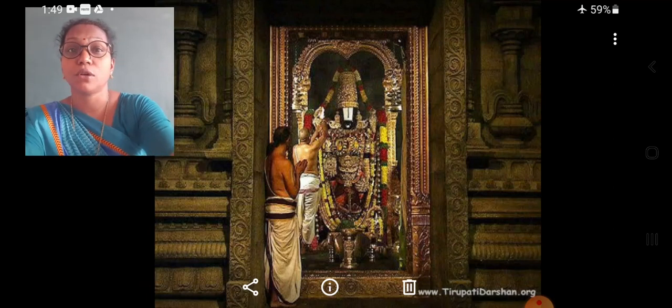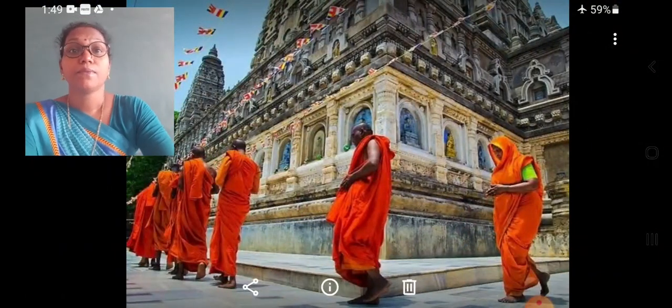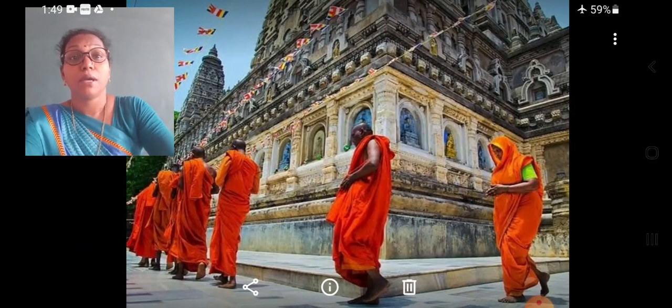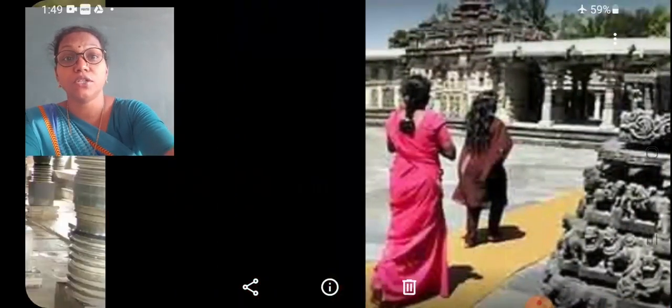This is the picture of a Garbhagriha. Outside the Garbhagriha, there was a way for the devotees to take a pradakshina called pradakshina patha. There were pradakshina pathas both in the North Indian and South Indian temples.